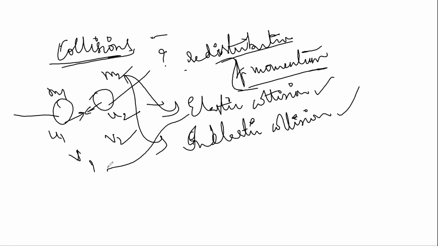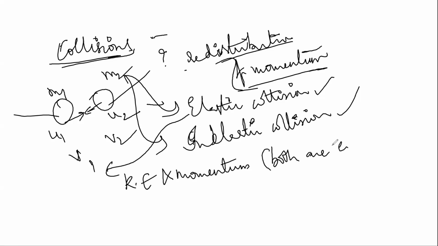So what is elastic collision, students? When the kinetic energy and the momentum of the particles remain conserved. If both are conserved in a system, then that type of collision is said to be elastic collision.